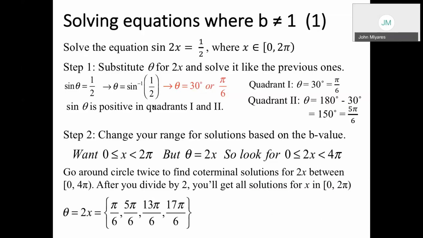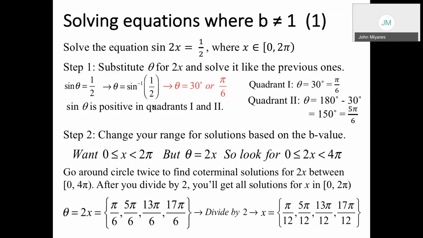From here, we'll divide all of those answers by 2, which will give us pi over 12, 5 pi over 12, 13 pi over 12, and 17 pi over 12. The degree equivalents for those, which I don't have room to show here, are going to be 15 degrees, 75 degrees, 195 degrees, and 255 degrees.